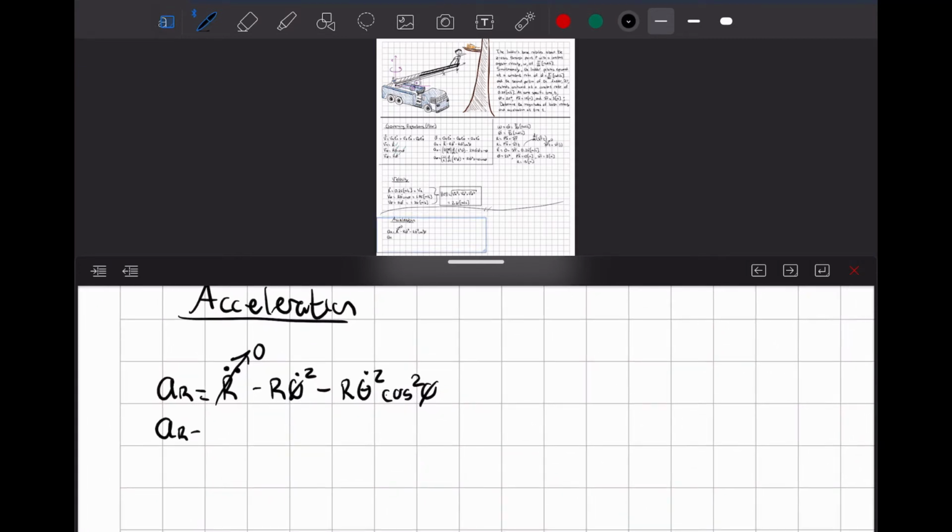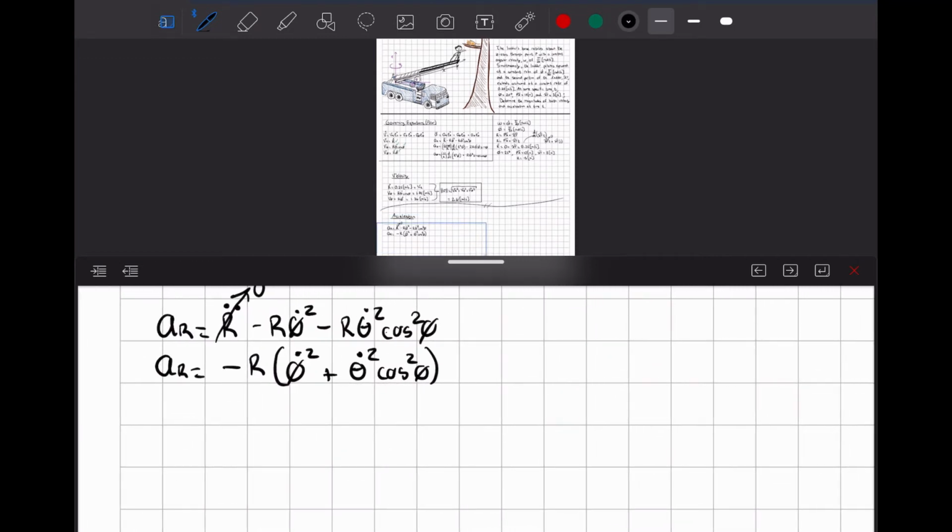Now, we can maybe just try and simplify this a little bit more. We can pull out the minus r, and then we're left with a phi dot squared plus a theta dot squared cosine squared phi.